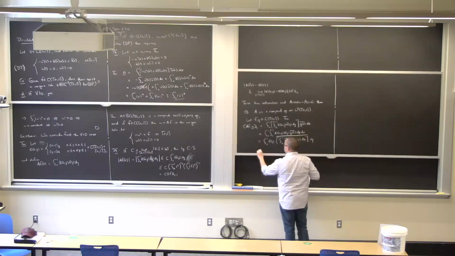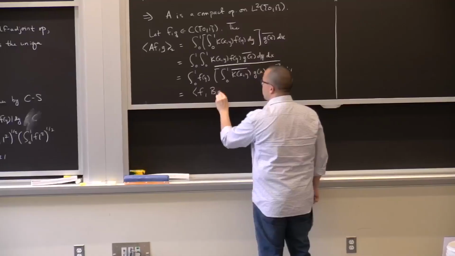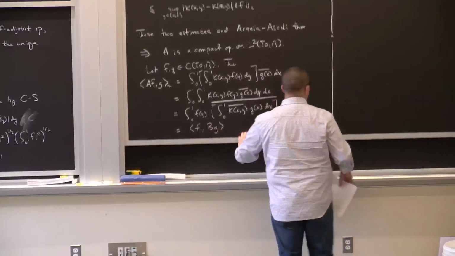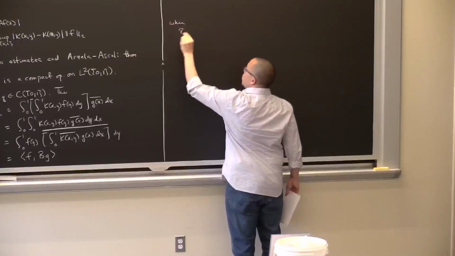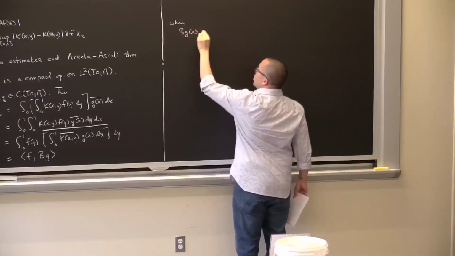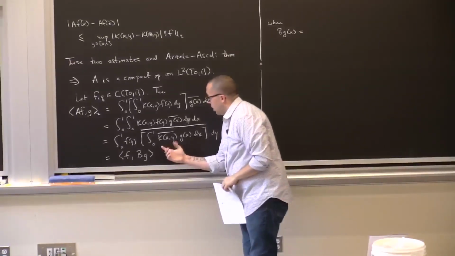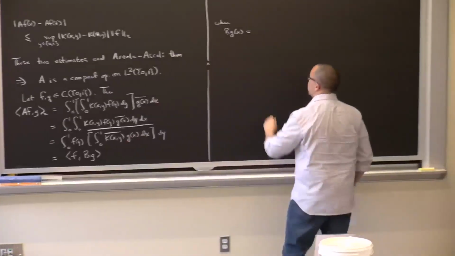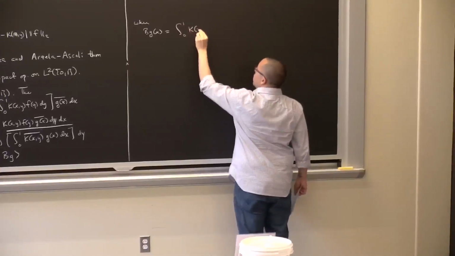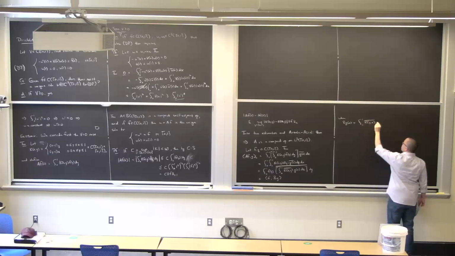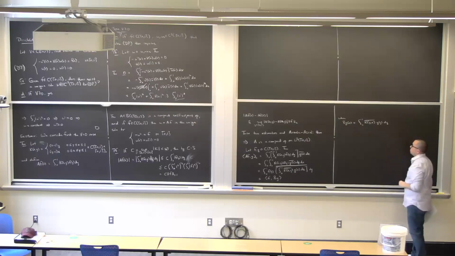So this says that Af paired with g is equal to f paired with Bg, where Bg of x is a function of y obtained by integrating in x. If I switch the dummy variables, I can write this as the integral of k of y, x, complex conjugate, times g of y, dy.